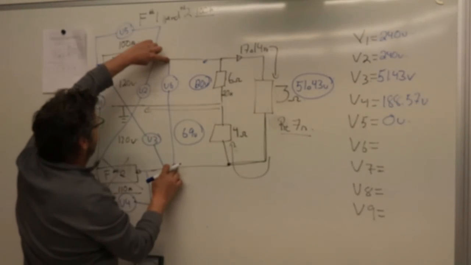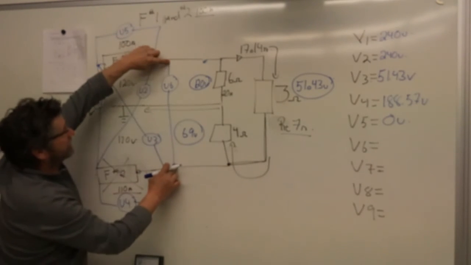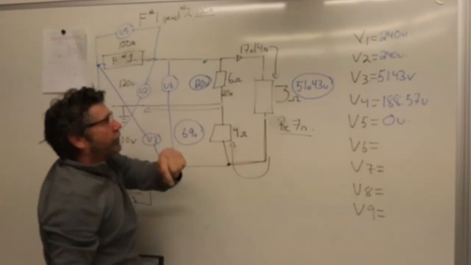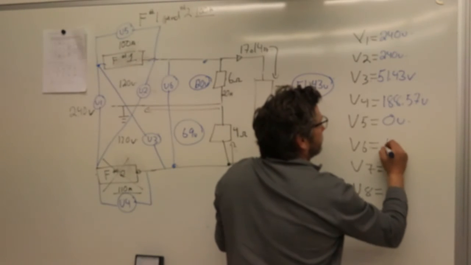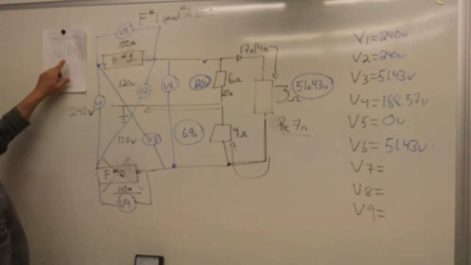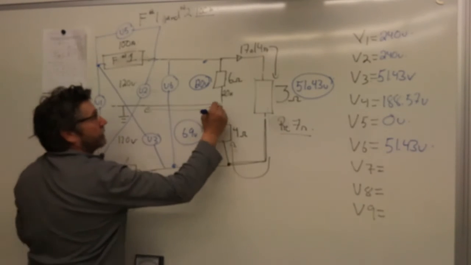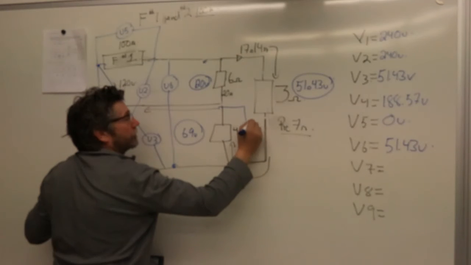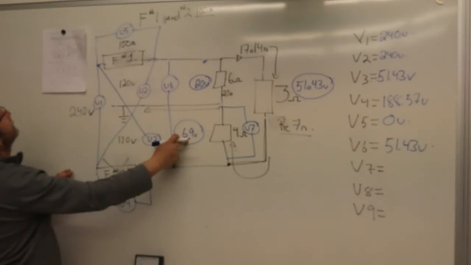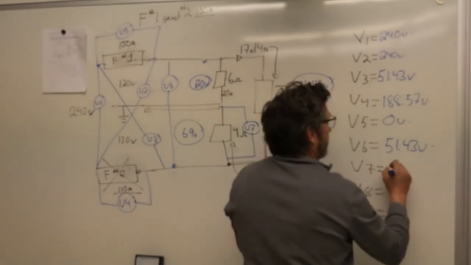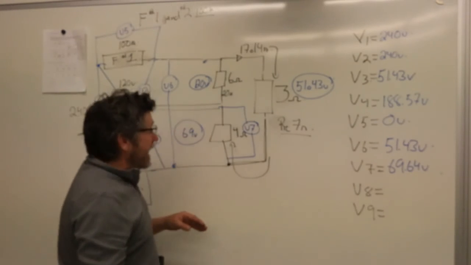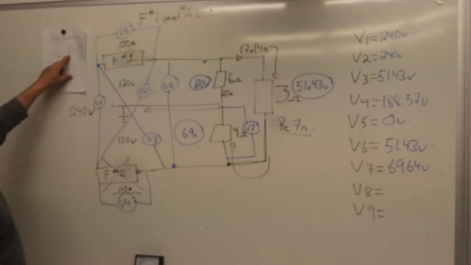If we follow V6 and V3, they're the same, and we follow it to its conclusion, V6 is just 51.43 over R3. V7, where did they put V7? Over this one. What was my voltage drop over that resistor? 69, actually 69.64. V8, where did they put that bad V8?